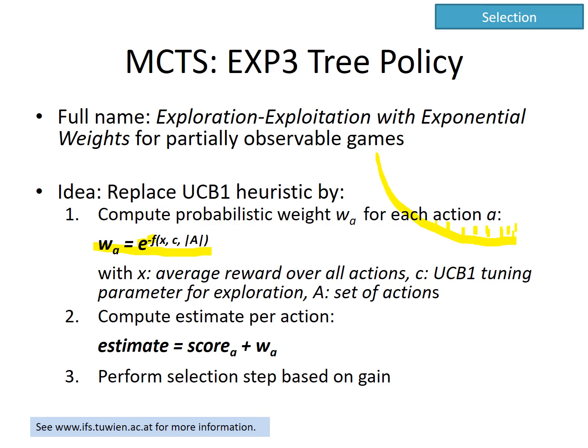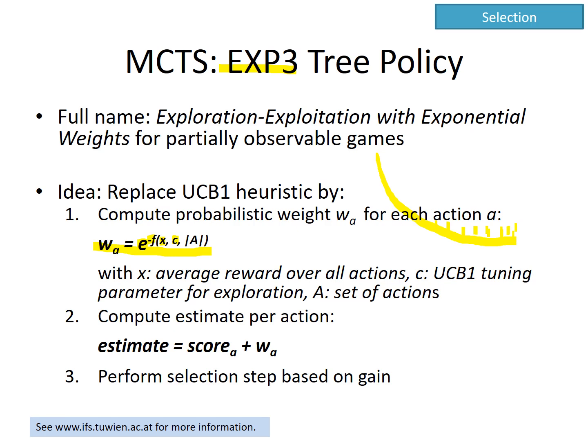And the whole idea of the EXP3 strategy, which stands for exploration, exploitation, exponential weights, is to replace the UCB1 formula with the exponential formula, where A is the set of actions, the size of the set of actions, C is still the weight, the tuning parameter, and X is the average reward, so Q divided by N. All that information is available in the MCTS.